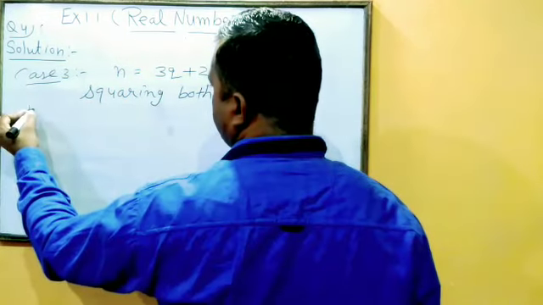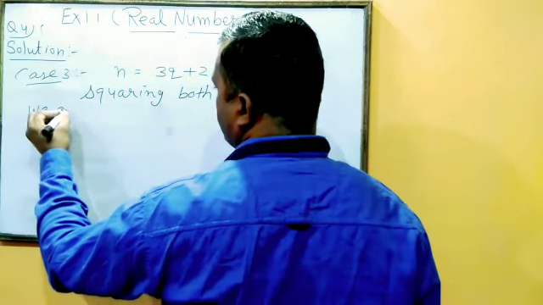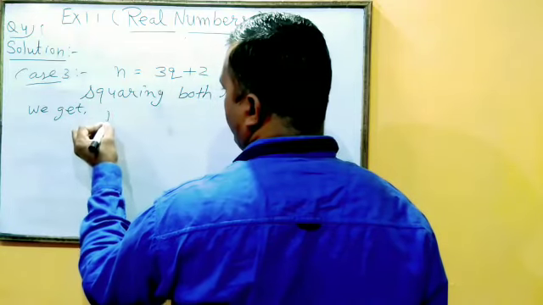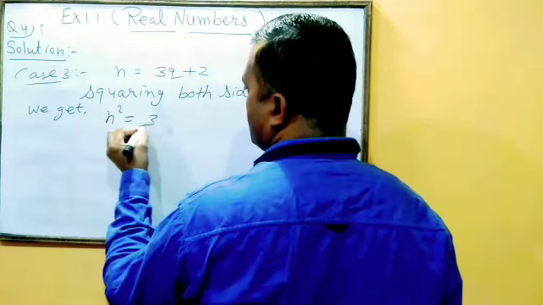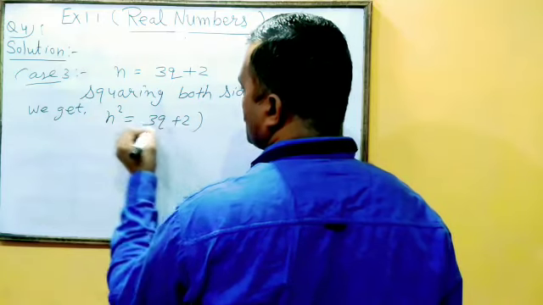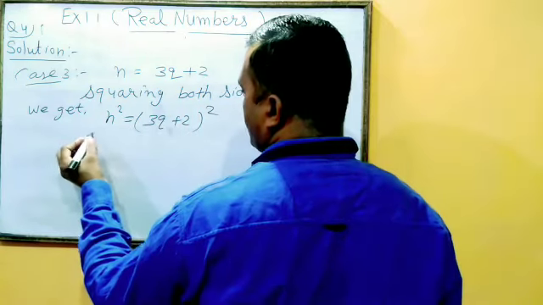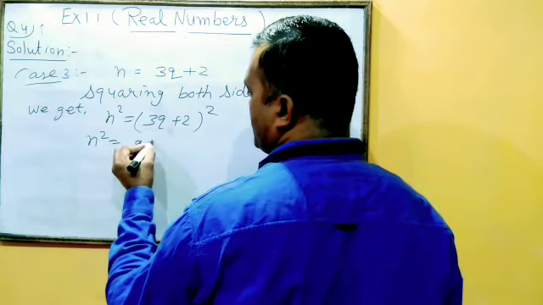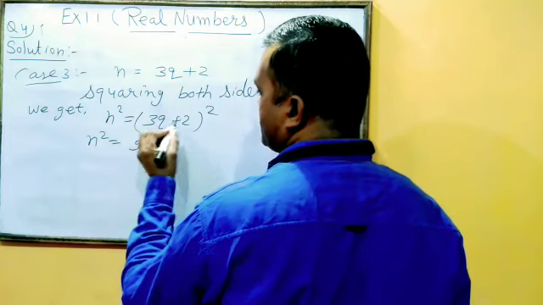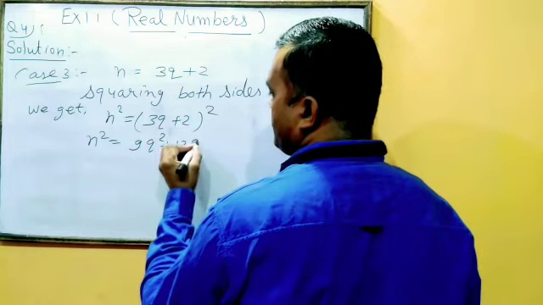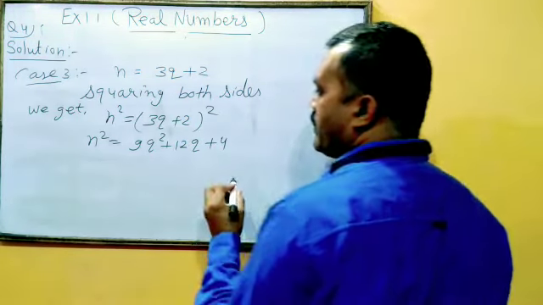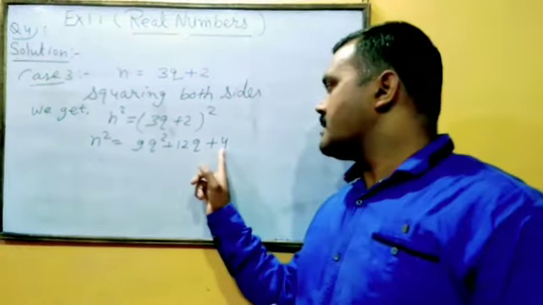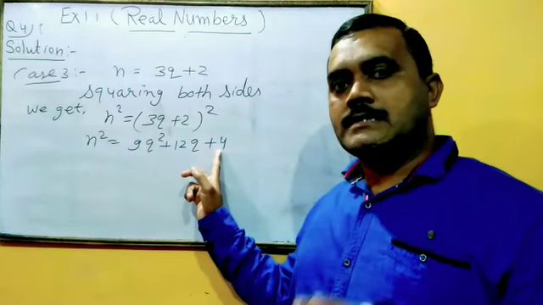We have n square is equal to 3q plus 2 whole square. We have already discussed the identity a plus b whole square, so it will be 9q square plus 2 times 3 times 2, which is 12q, plus 2 square, which is 4. Now what we need to do: this 4 will be written as 3 plus 1.